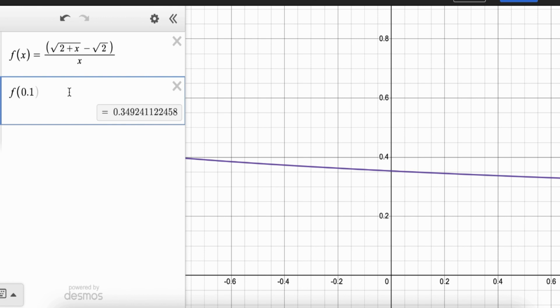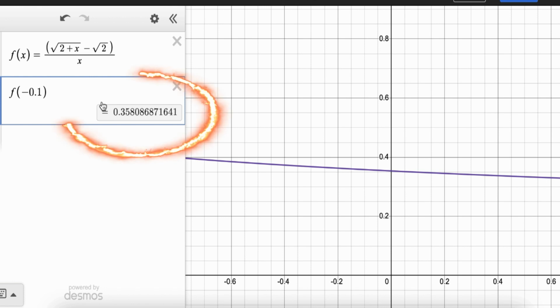If we looked at the other side of 0, so a negative number near 0, if x is at negative 1/10, we see that the value of the function is 0.358 and a bit. So it looks like the value of the limit, which is the y value the functional values are approaching as x gets close to 0, is near 0.35.